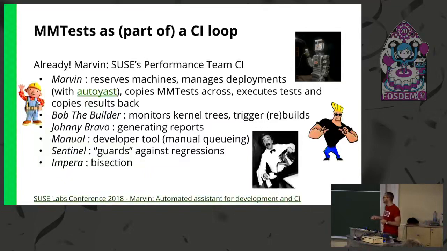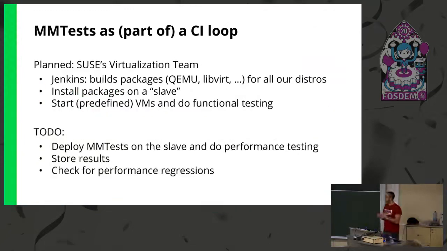There is this talk, this is a link to the recordings of a talk which you can watch and have more details. What we plan to do is pretty much the same thing with some variations in the virtualization team, which is where I am working, because we already have an instance of Jenkins which is building our packages for all our distros, then installing them in different machines, each one running a different distro, and then running already some functional tests.